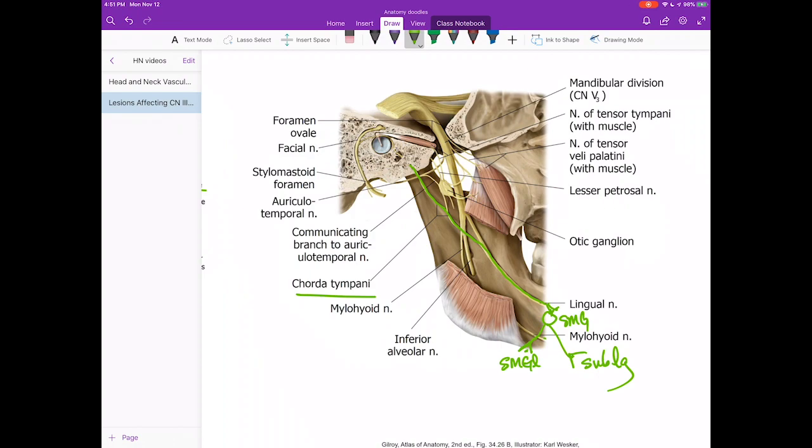Those are parasympathetic visceral motor innervations of the gland. But the other thing that runs with chorda tympani, I'll just draw dotted here, are taste fibers for the anterior 2/3 of the tongue.